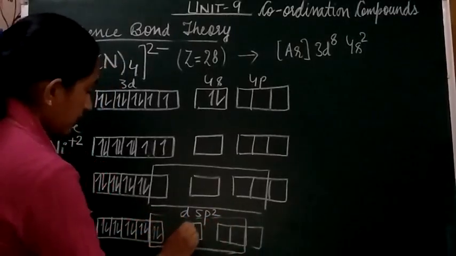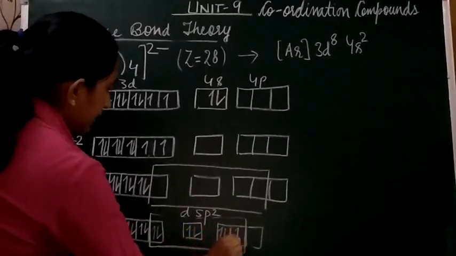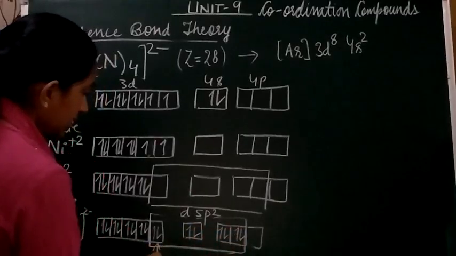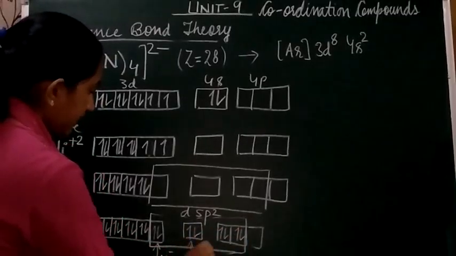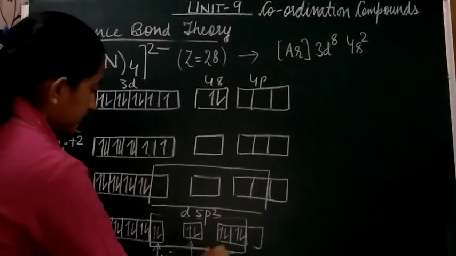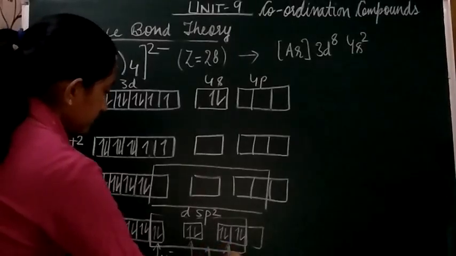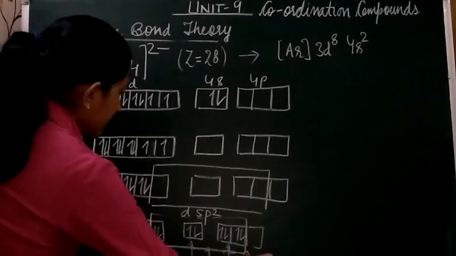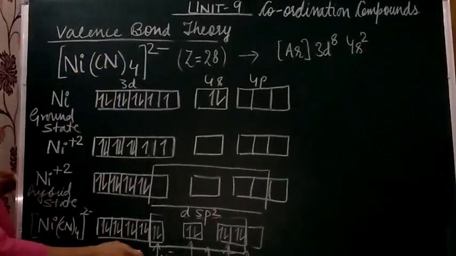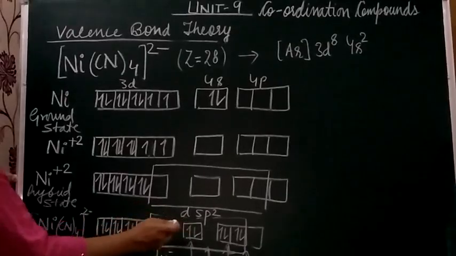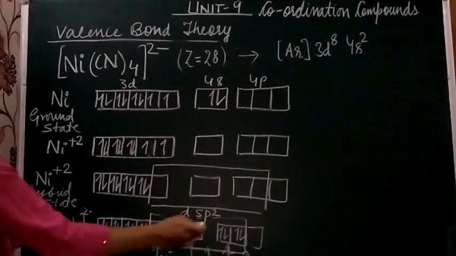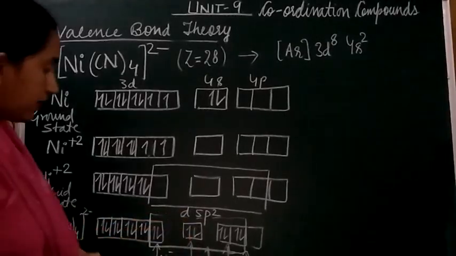Here 2 electrons from each cyanide ion will be made available. This is again CN negative. This is again CN negative. It might not be visible on the lower line, but I have written here the cyanide ion which is giving this lone pair to the dsp2 hybrid orbitals.